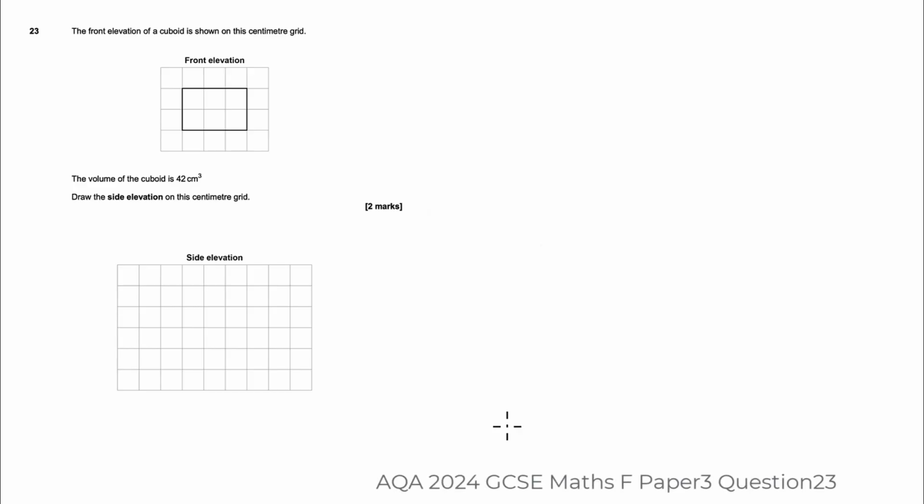So here's question 23, and we're shown the front elevation of a cuboid, and we're asked to draw the side elevation of the cuboid, and we're told the volume of the cuboid is 42 cubic centimetres. Well, let's have a little look at building cuboids, and let's look at their front elevations and their side elevations.